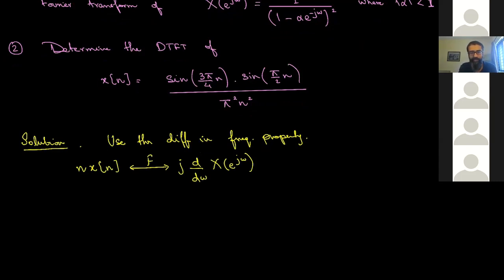Because I am familiar with something: what is the Fourier transform of alpha raised to power n u of n, Jamshed? Sir, I don't know. This is 1 upon 1 minus alpha e raised to minus j omega.